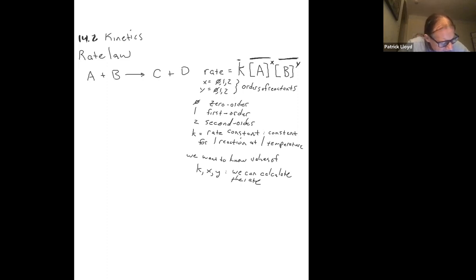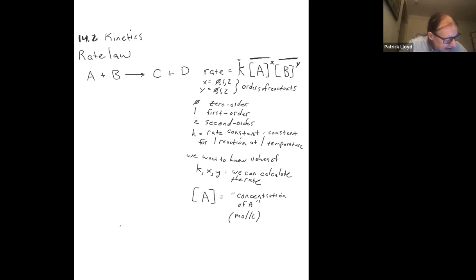And as a reminder, we're using this bracket notation. This is referred to as the concentration of A, and typically it's in moles per liter. Now, I will point out, this also works for gases.